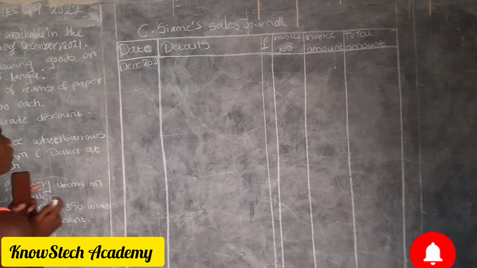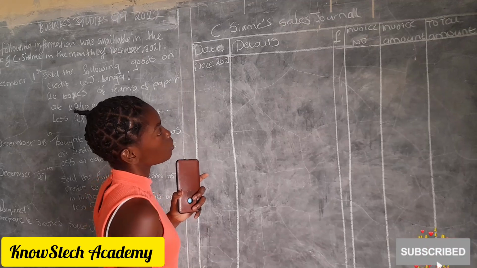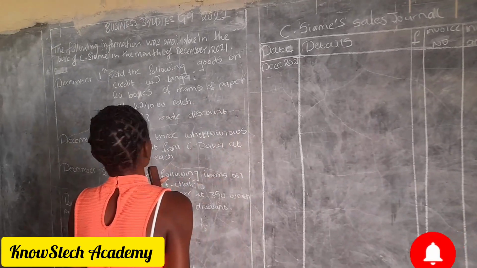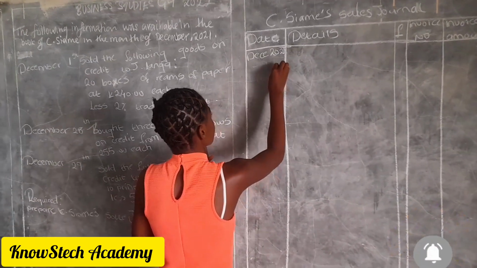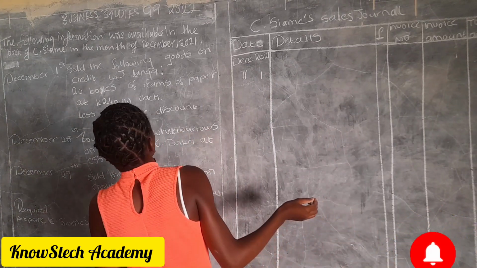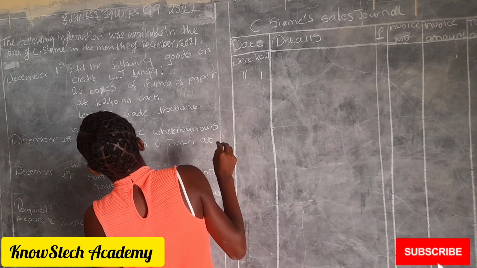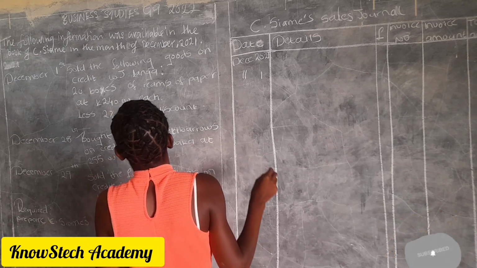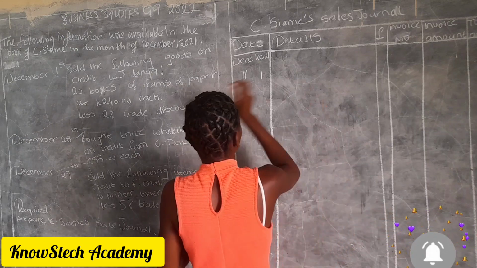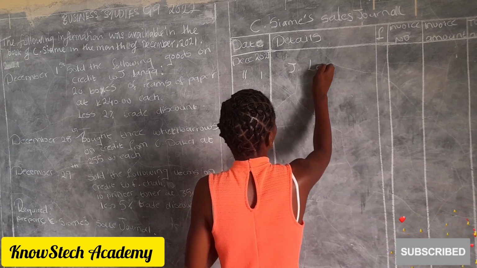We're going to write our first transaction. We must always remember to write the title, which is CCMA's sales journal. Our first transaction took place on 1st December. So we will first write the name of the person who bought the goods or credited them. The name is J. Langa.